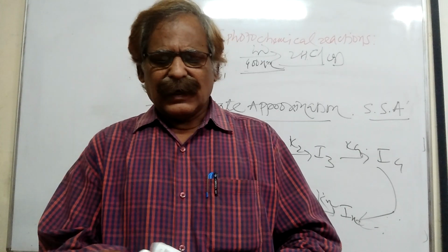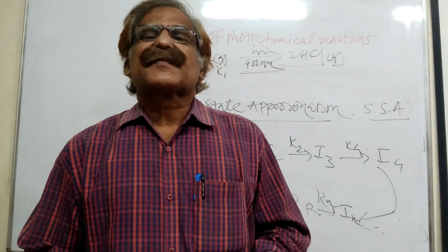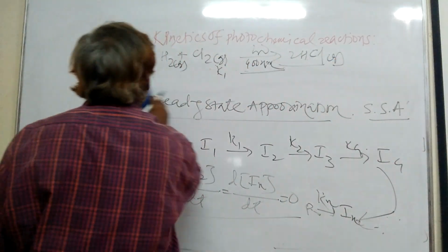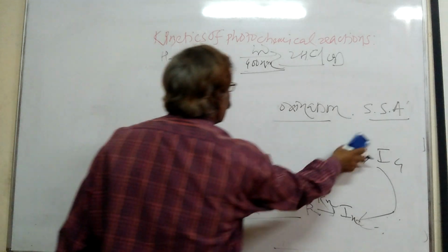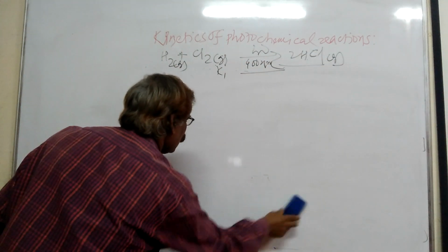With this, let us see how we can derive an expression for the rate law of a photochemical reaction taking place between H2 and Cl2 giving HCl.